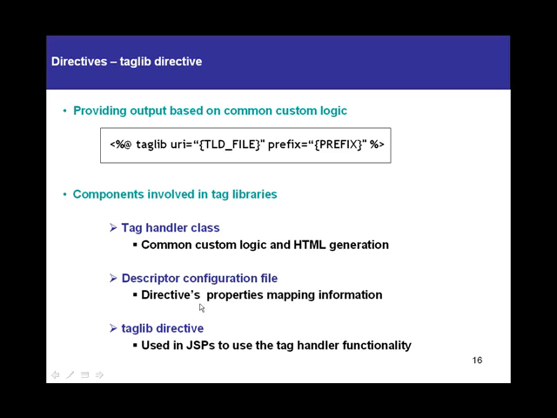This is nothing but the properties mapping file which has information about the tag libraries and the tag handler class and what are the different properties you can set for the tag libraries. Okay.